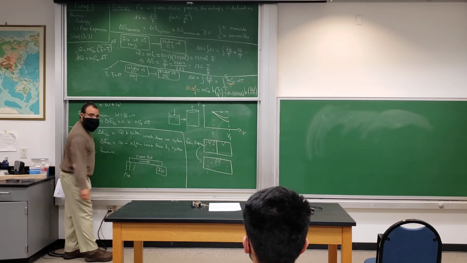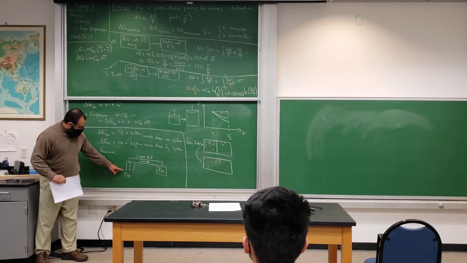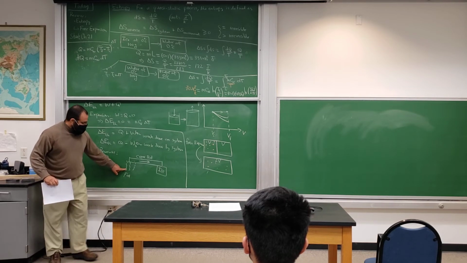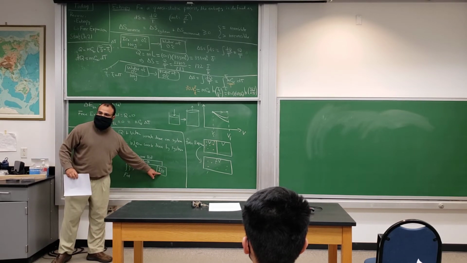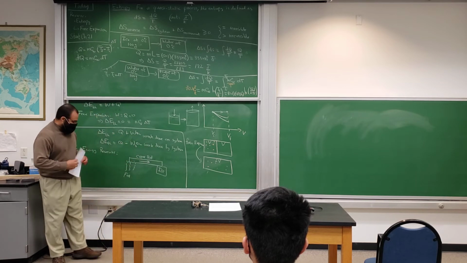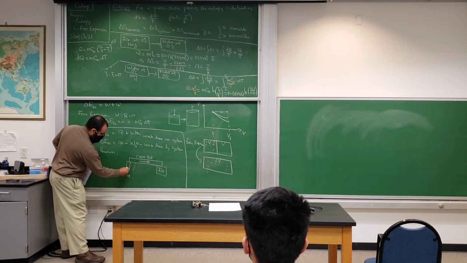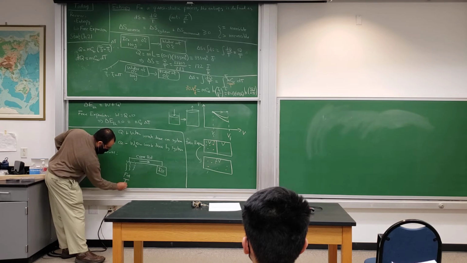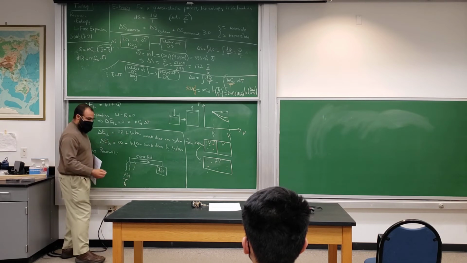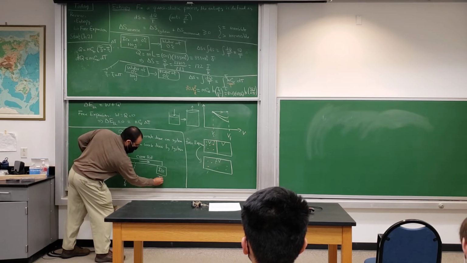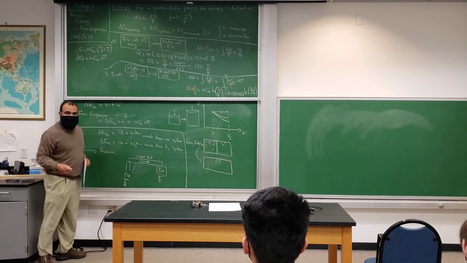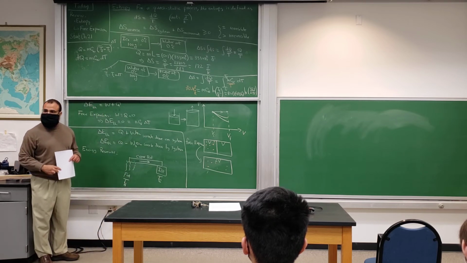This way. So this is called a hot reservoir, and this is a cold reservoir. The temperature of the hot reservoir is TH, T hot or T high, and the temperature of the cold reservoir is TC, so T cold. Does that make sense?